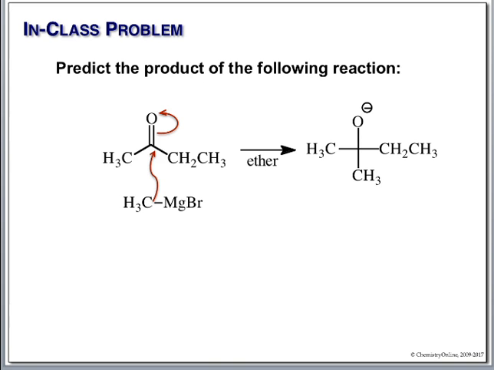Once we have formed this stuff, simply dump it into acid, and we make our tertiary alcohol. The methyl and the ethyl came from our original ketone. And then one of these methyl groups is what we added from our Grignard.